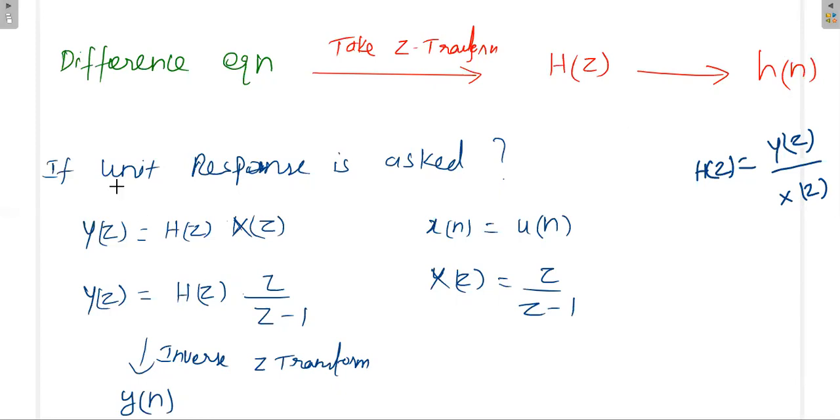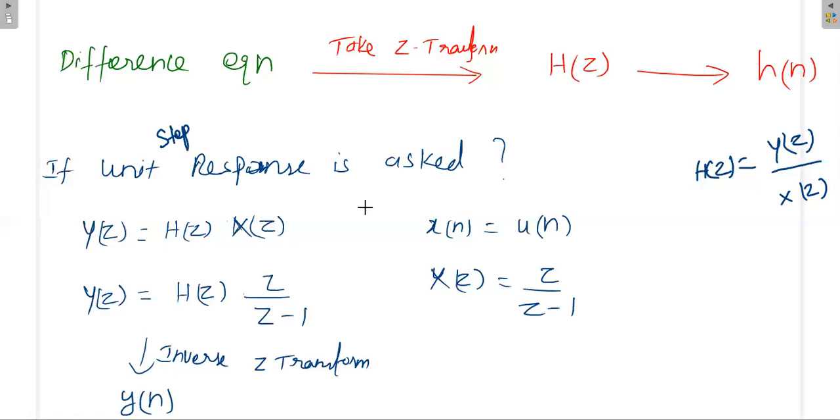Suppose they are asking for the unit step response, then what to do? The system may be given directly or indirectly, so that we can calculate H of z. If they are asking for the unit step response, that means Y of z is equal to H of z times X of z.